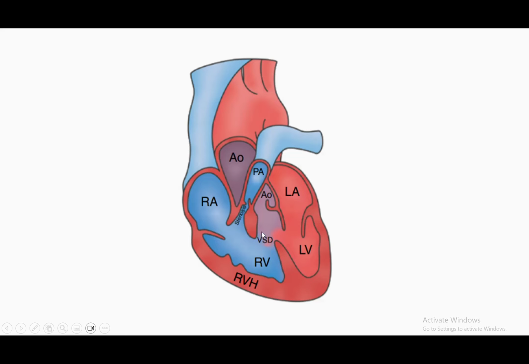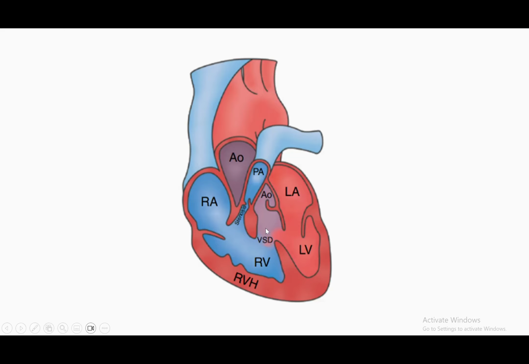This conoventricular VSD allows the blood from the right ventricle to go to the aorta, because the stenosis makes the forward flow to the pulmonary artery difficult, so it is easier for the blood to go from the right ventricle to the aorta.